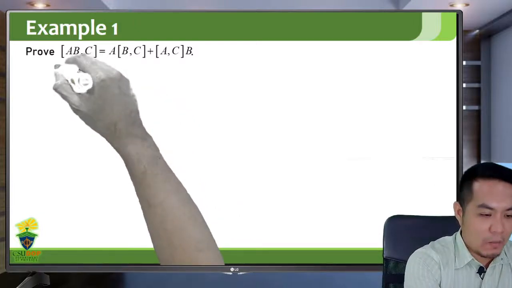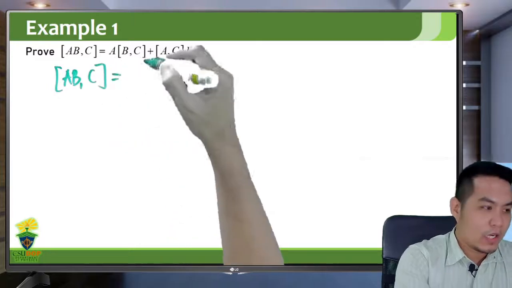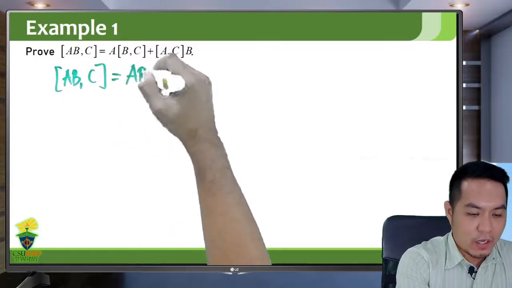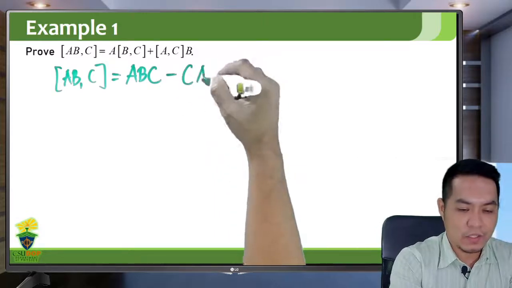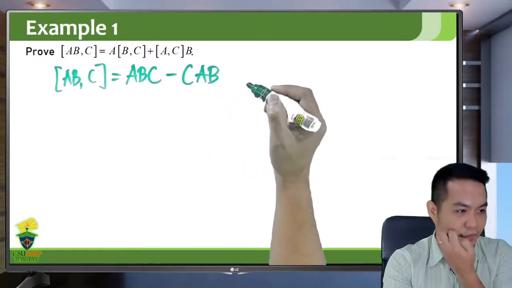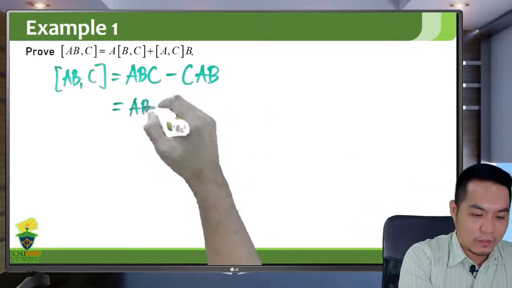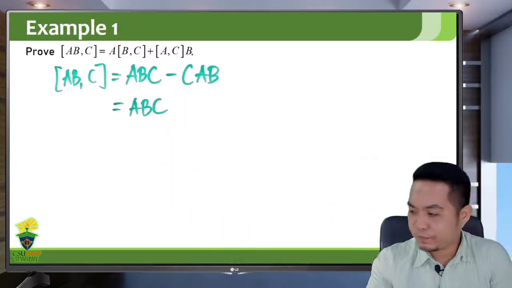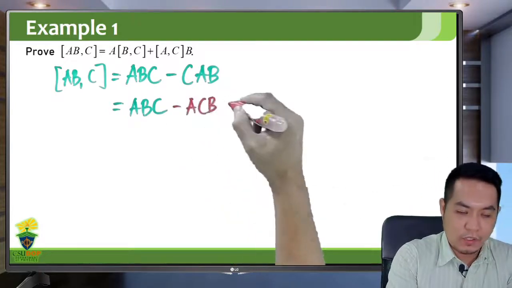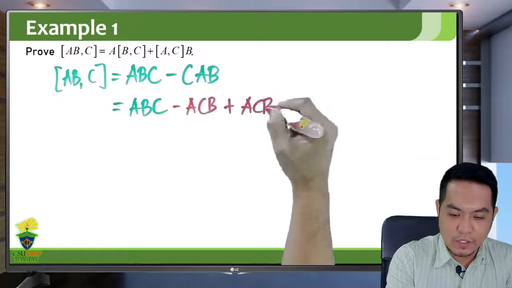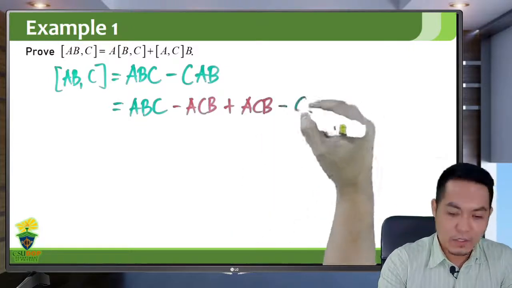From our notation, this is actually just AB times C minus C times AB. So I can add a middle term here: minus ACB plus ACB minus CAB.